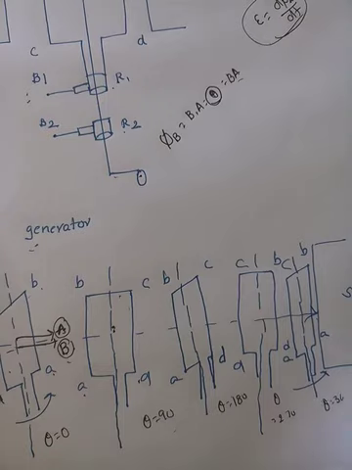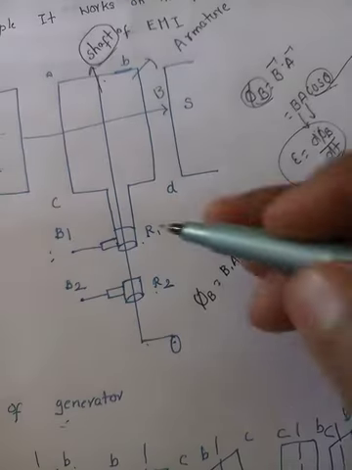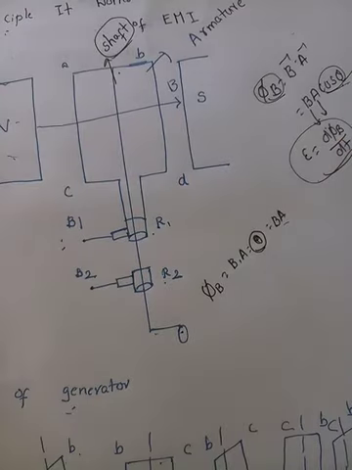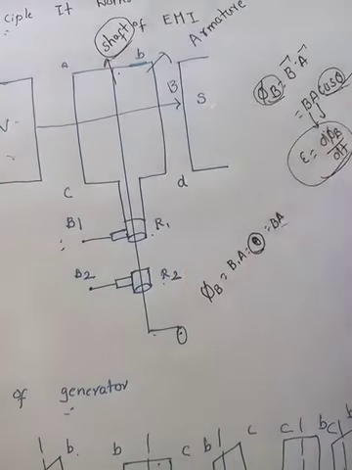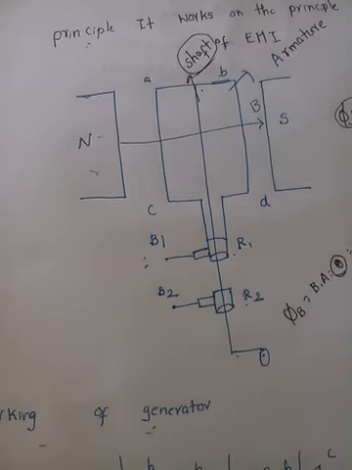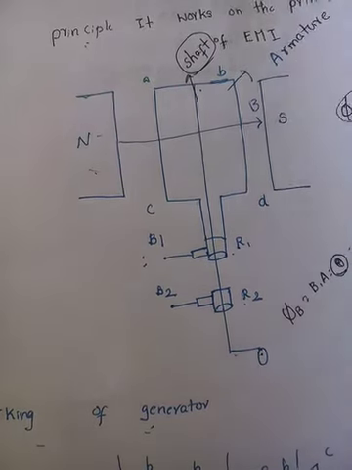To rotate this, we require mechanical energy. Based on the number of turns we rotate, the induced EMF increases. In this way we convert mechanical energy into electrical energy. Let us derive the expression to prove it. Let us see here.